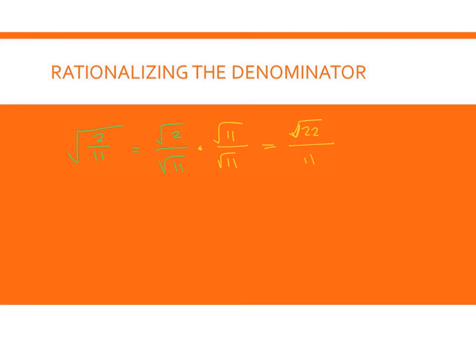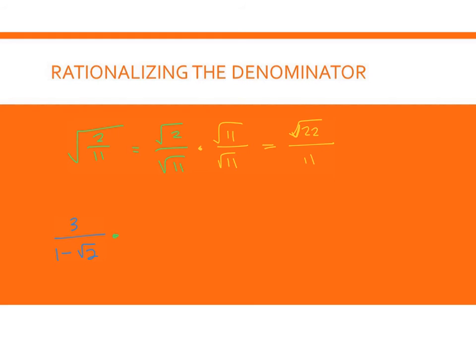So what happens though if we have like 3 over 1 minus the square root of 2? Like just to show you, hey, this has a square root on the bottom. But the difference is that this also has a binomial on the bottom, where these just had a single term or monomial on the bottom.